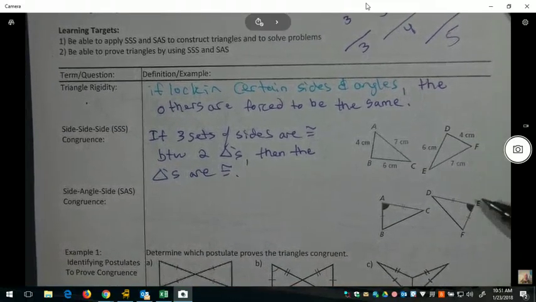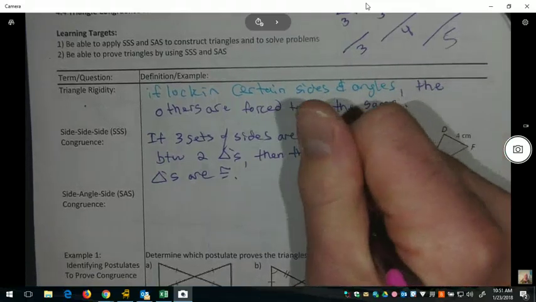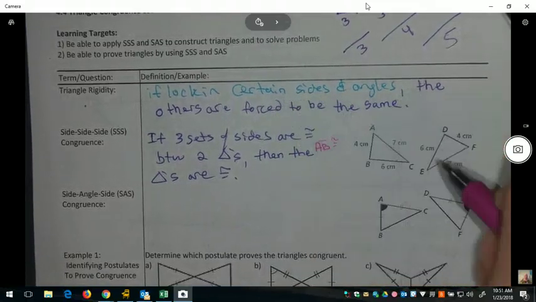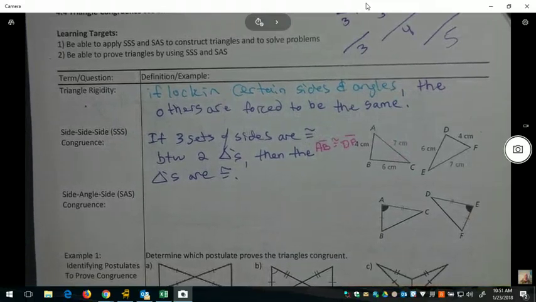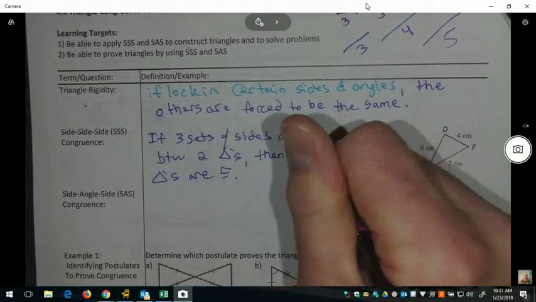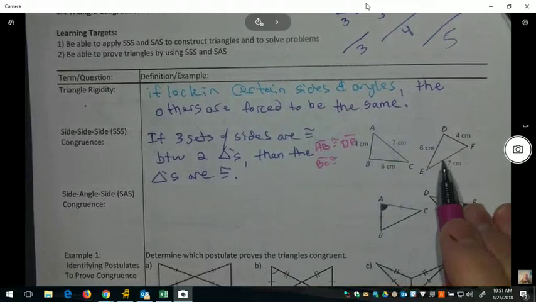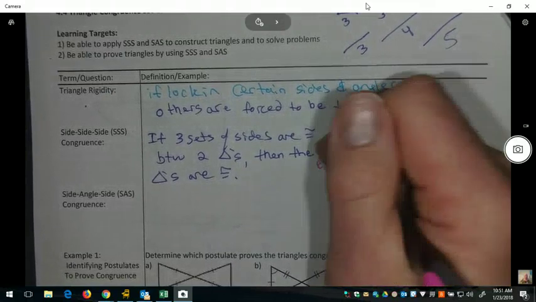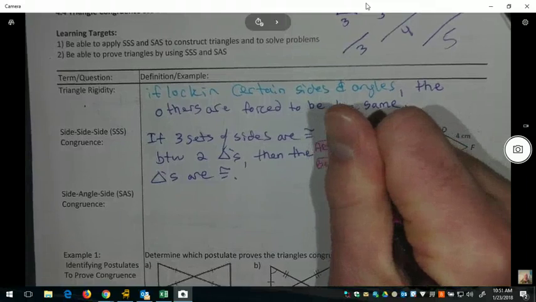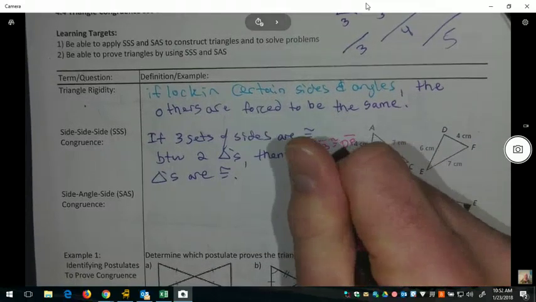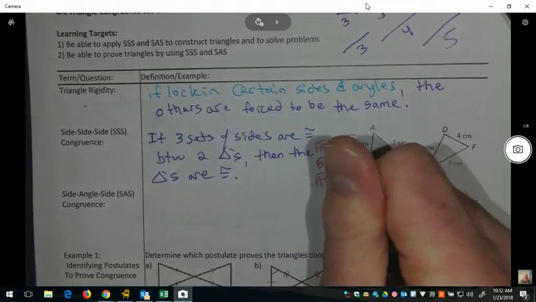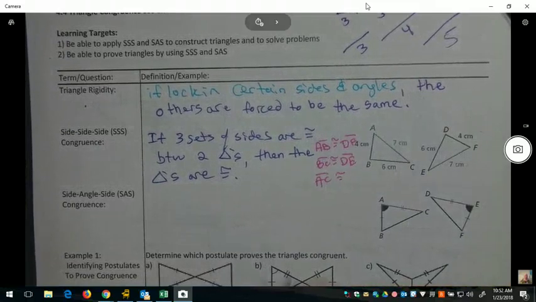So in this particular image, we have the short legs, AB and DF, are both 4 units. So those are congruent. We have BC and DE are both 6, so those are congruent. Those are the long leg. And then the hypotenuse of ABC is congruent to the hypotenuse of the other triangle, EF.